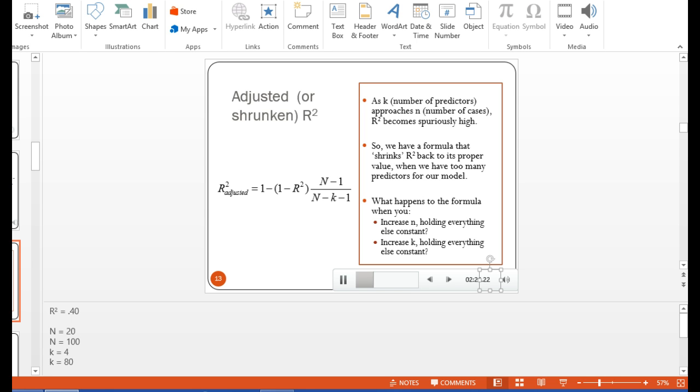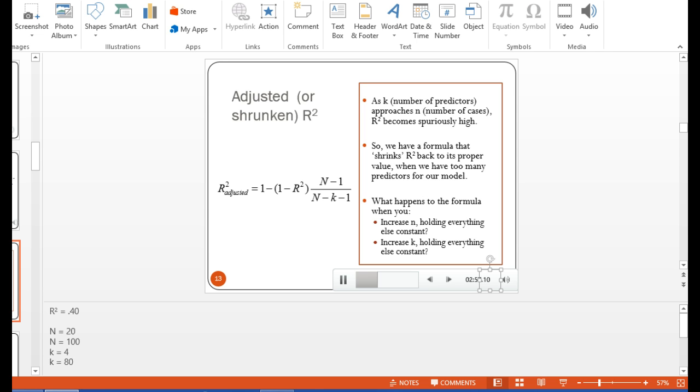Once you have that set, plug in a certain k, so k equals 4, for example, and then adjust the n to two different values. Make the n 20 at first, calculate the formula, and then make the n 100, and just see what happens. Take a few minutes at this point, get out a piece of scratch paper, and do some experimenting with this.